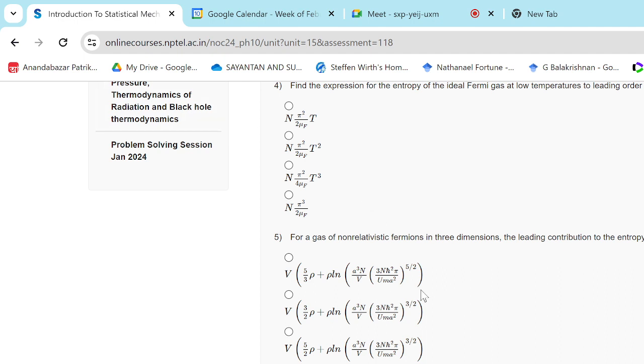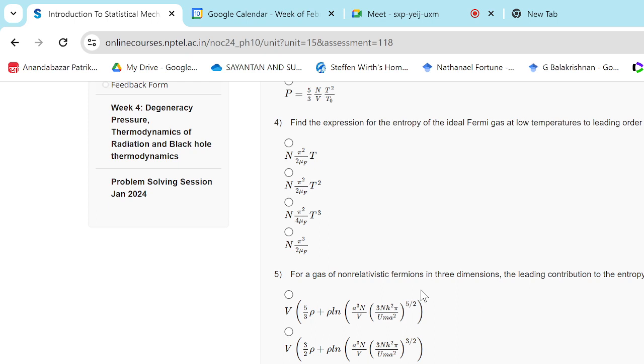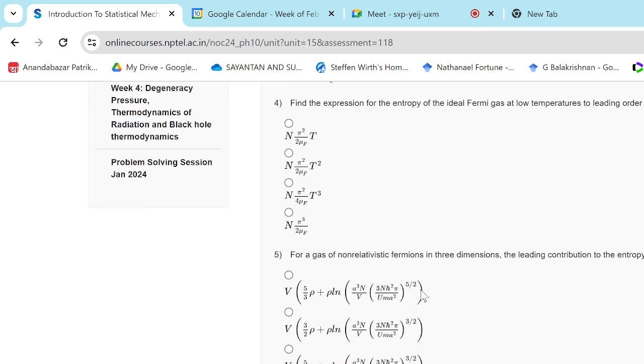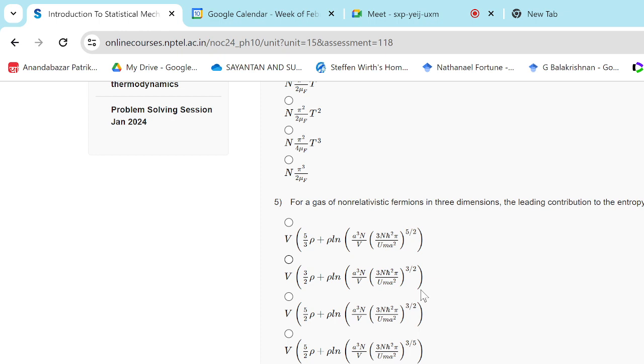So basically, as I told you, you will find the same kind of problem in any basic textbook that is probably also referred to in the lectures. In the two problems, two different temperature limits are used. For problem number 4 there is the low temperature limit, and problem number 5 is for the high temperature limit. Problem number 6 is the same as 5, but now you also have to take another contribution to t.